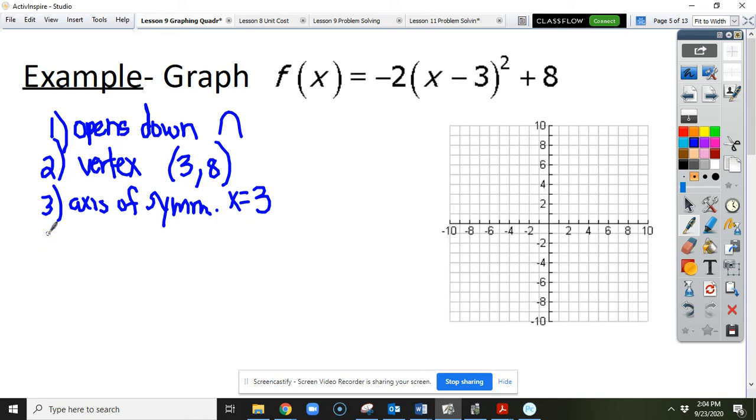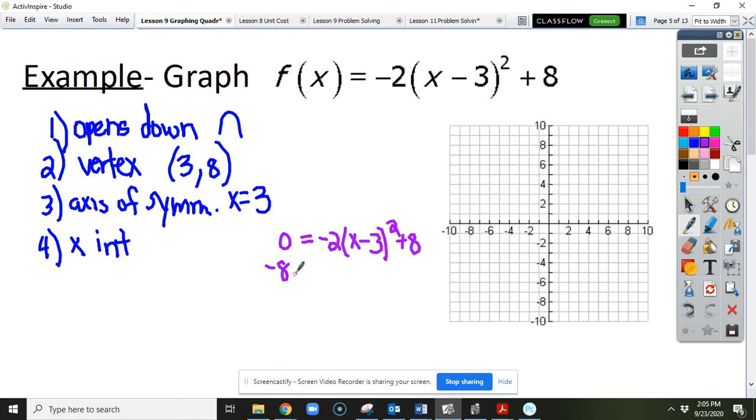And then I come to step 4, which are my x-intercepts. All right, x-intercepts, I'm going to do in purple here. X-intercepts are when I set the whole equation equal to 0. 0 equals negative 2 times x minus 3 squared plus 8. When you are in vertex form, it is like someone did completing the square for you.